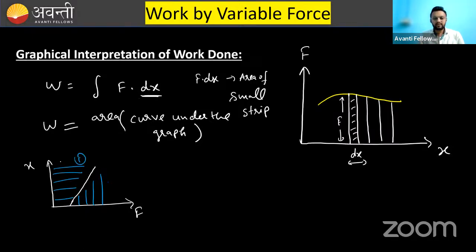This is area 1, this is area 2. Which area will you calculate to get the work done? Someone has answered: area 2. Okay, remember one thing. This equation itself tells us that work done is F dot dx. That's the right answer.